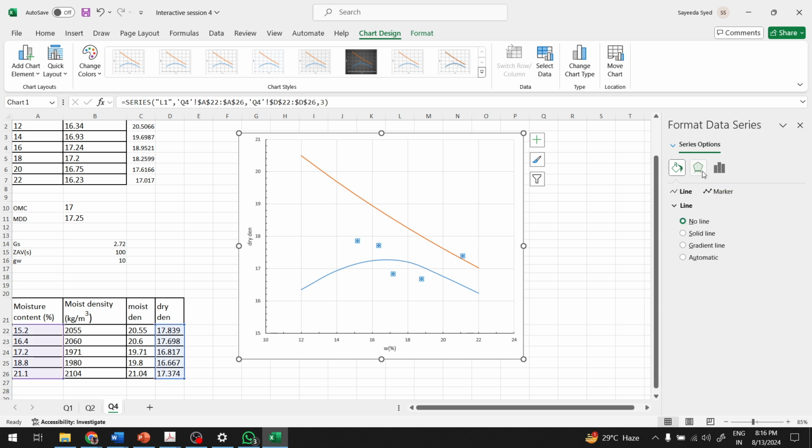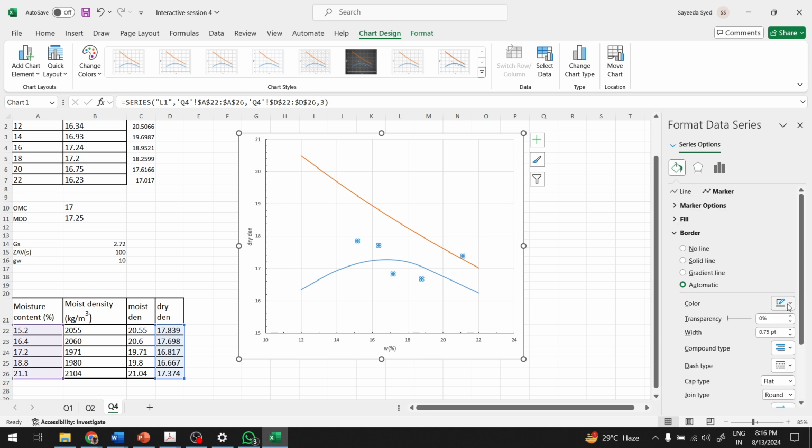And let's make it a little more visible. Give it a better color.